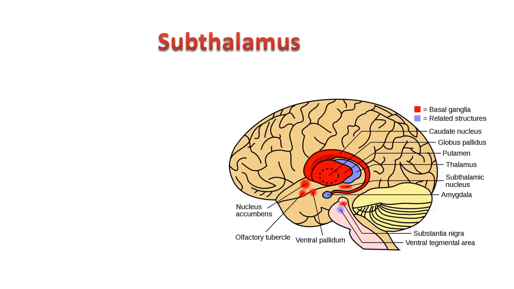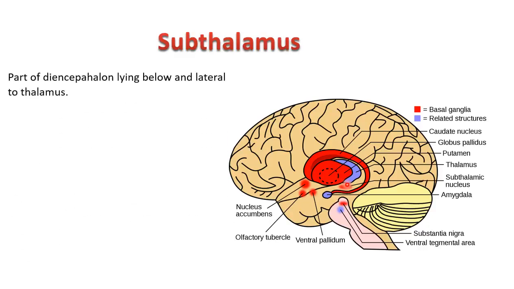Okay, so the subthalamus, as I told you, consists of the nucleus accumbens. This is your ventral striatum, nucleus accumbens, and the olfactory tubercle. The subthalamic nucleus is situated below, in front and lateral to the thalamus.